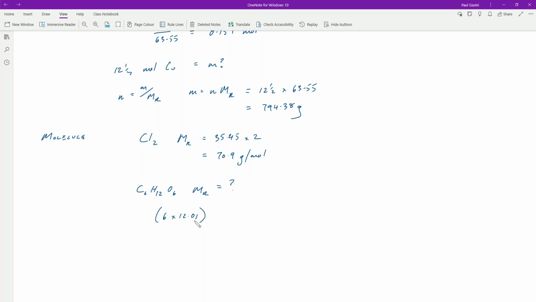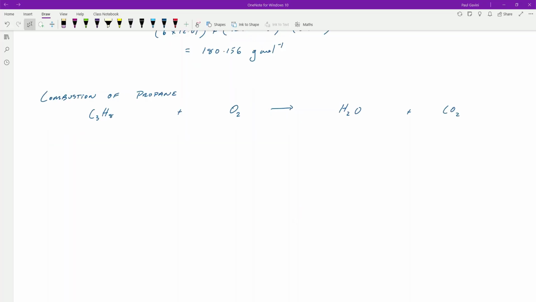Again, where did I get this number from? Periodic table. Plus 12 times 1.008 plus 6 times 16. Type it exactly like you see there with the brackets. If you do make a mistake, which is quite common when you do these large molecules, you can always go back and edit them. And this will give me a molecular weight of 180.156 grams per mole.